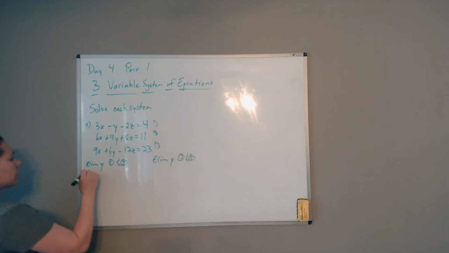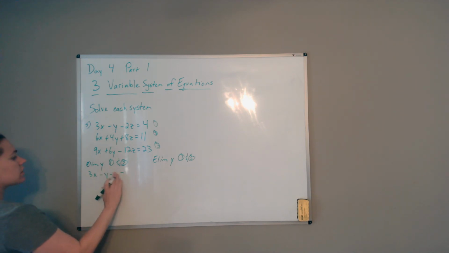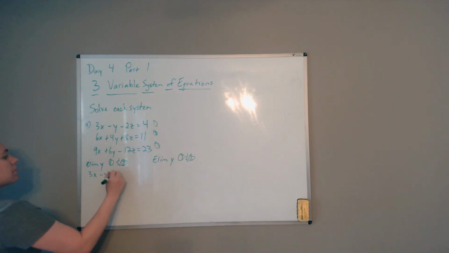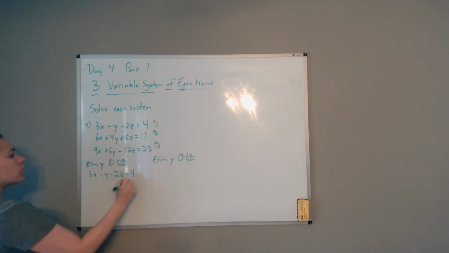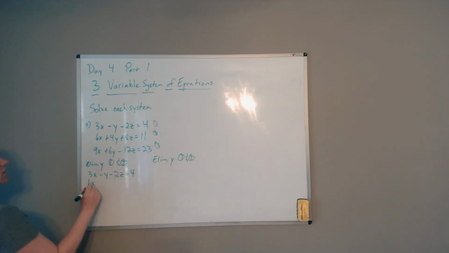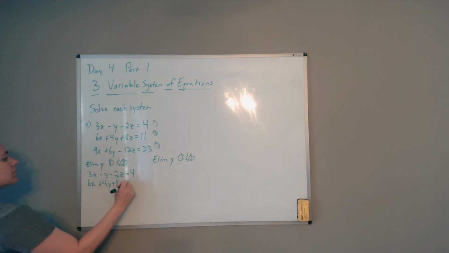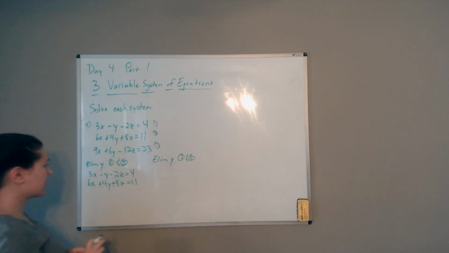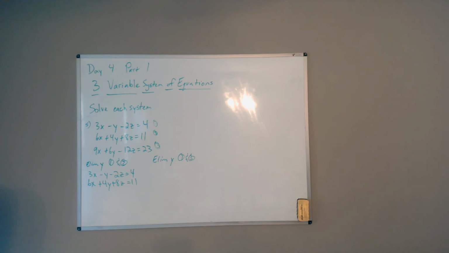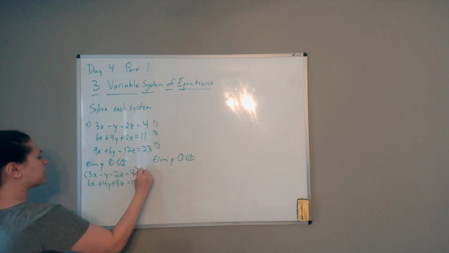So 1 and 2, 3x minus y minus 2z equals 4, I'm sorry, look at that, messed that one up. 6x plus 4y plus 8z equals 11. So I'm going to eliminate y, so looks like I need to multiply the first equation by 4.